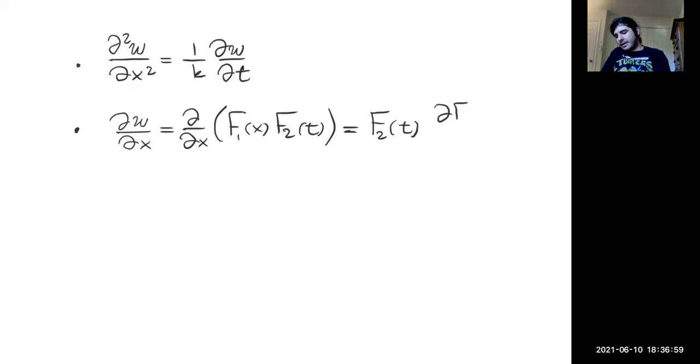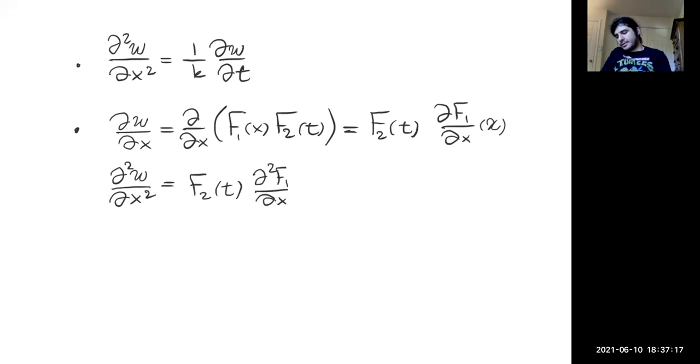So we have the derivative of f1 with respect to x. If we take the second derivative of w, because that's what we care about in this equation, it would be equal to f2 of t times the second derivative of f1 with respect to x. Great. Also, the derivative of w with respect to t is equal to f1 of x times the derivative of f2 with respect to t at the point t.